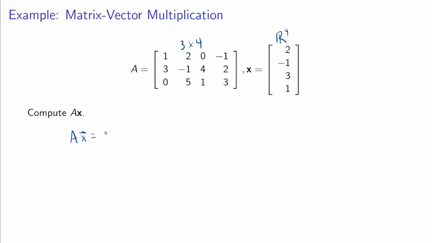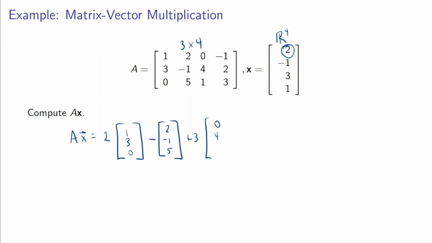And so let's just write that out. It's going to be 2, which we're getting from this 2 up here, times the first column, 1, 3, 0, and then plus -1, I'll just write minus, the second column, 2, -1, 5, and then plus 3 times 0, 4, 1, and then finally plus 1 times -1, 2, 3.